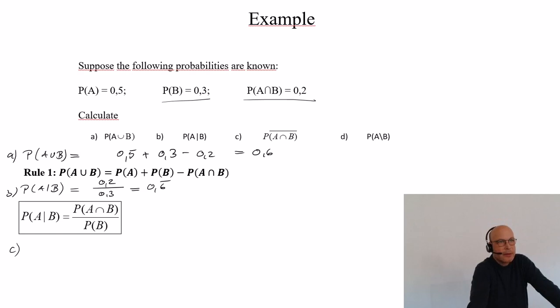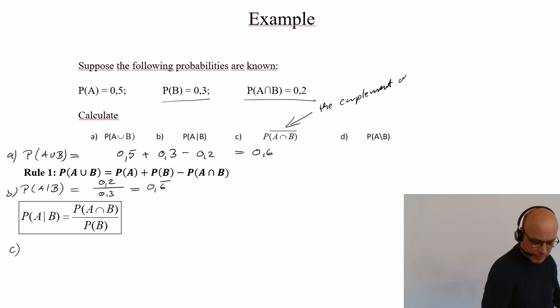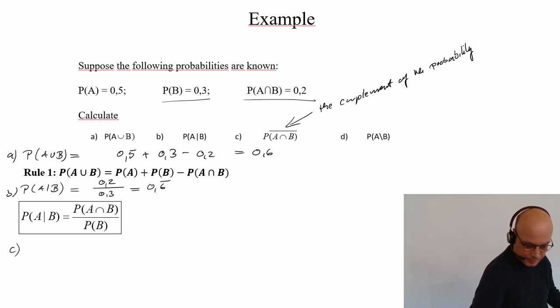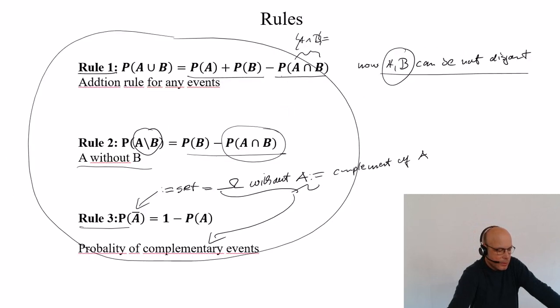because this is not a direct application of our rule. So what is this? This is the complement of the probability of A and B. So for this we have to apply two rules.